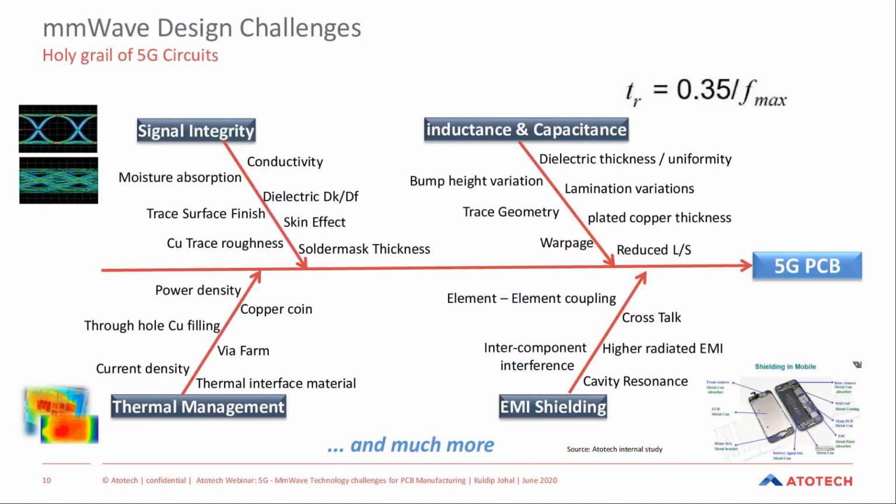So now we come to the main section of the webinar, and I'm using this fishbone to illustrate some of the key challenges moving to 5G PCBs. Many could say this is not new and that we've been producing millimeter wave circuits for many years for military aerospace applications.